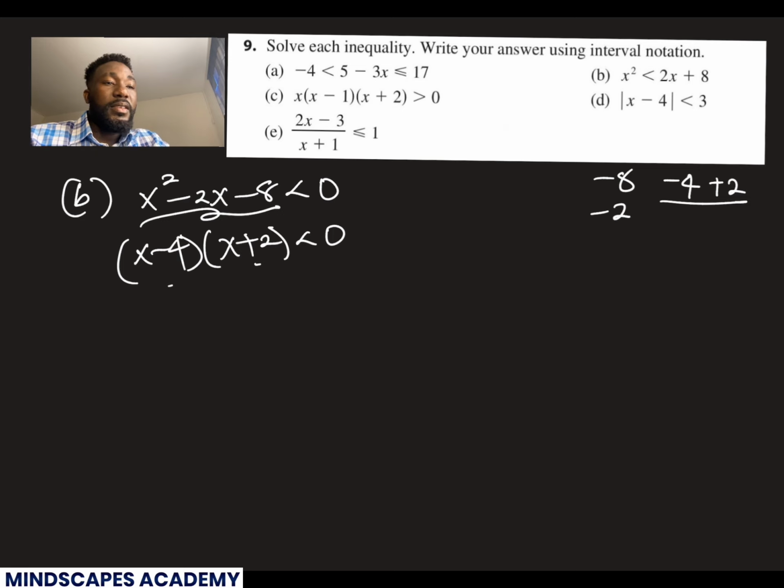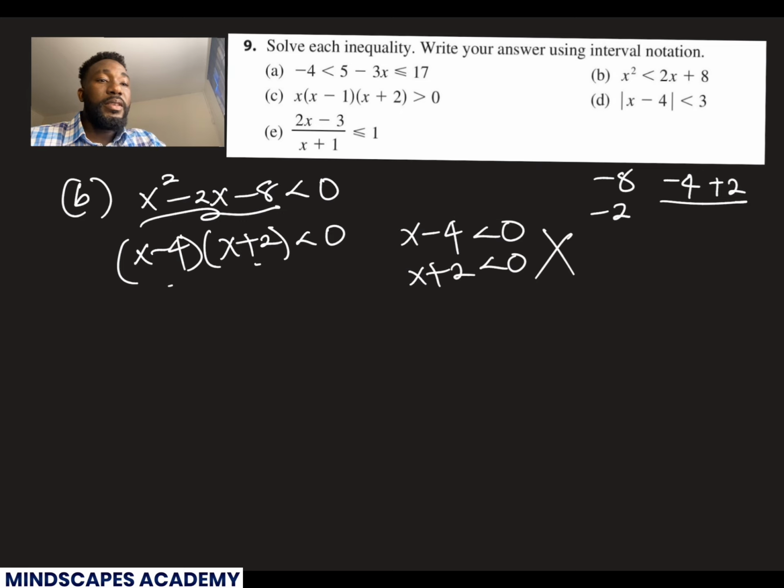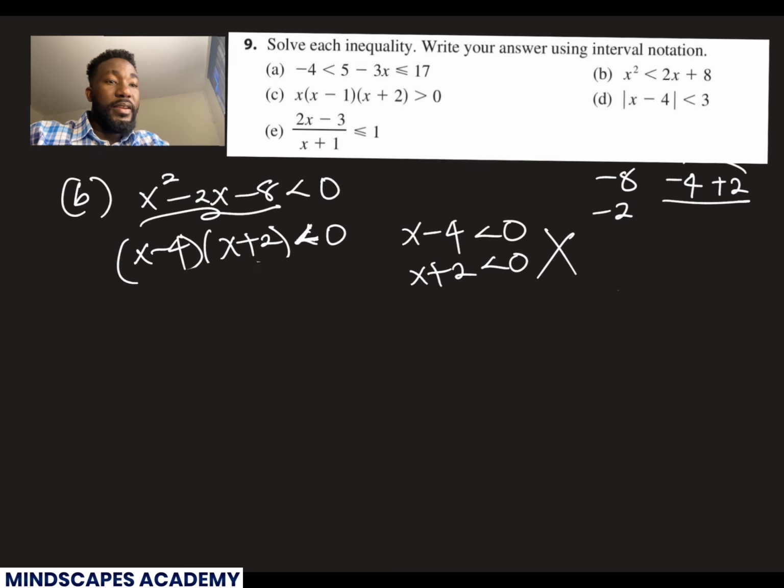All right, so we have this. Now when we get here, you don't say, like we do for equal to, that x -4 is less than 0 or x +2 is less than 0. You don't do it this way. So what do you do from here? What you have to do is find the zeros.